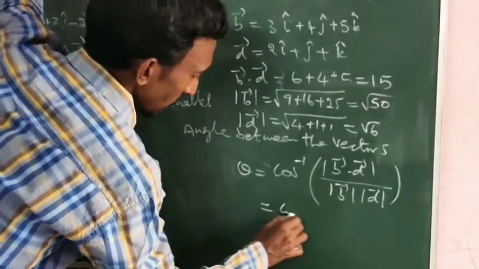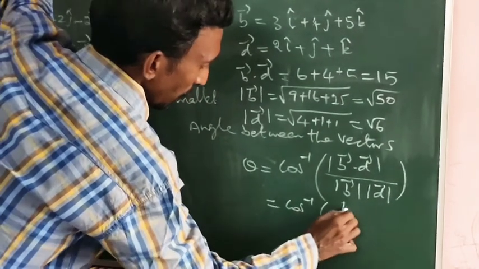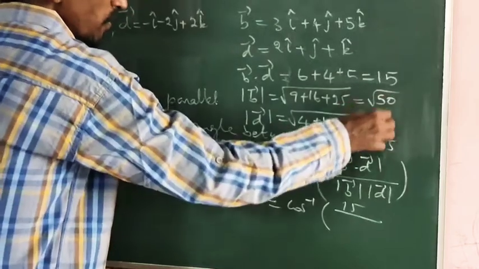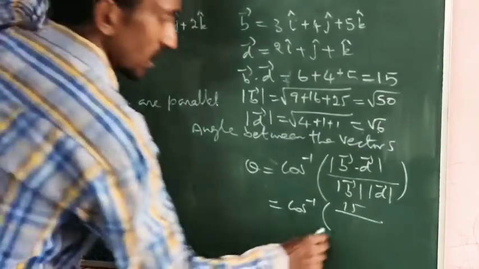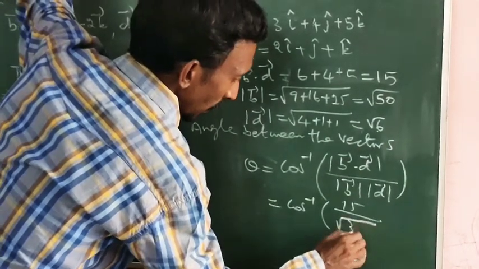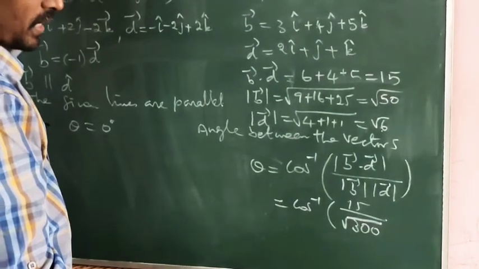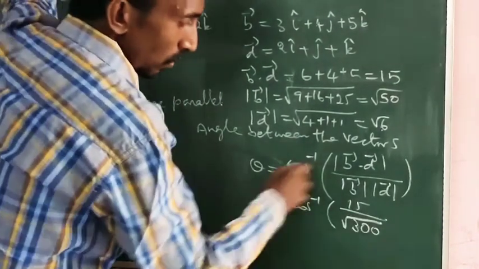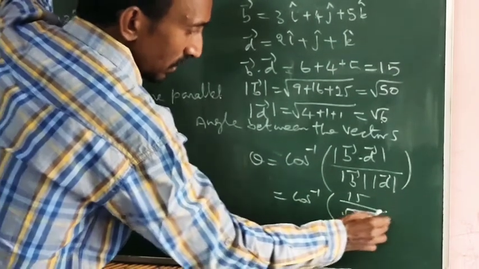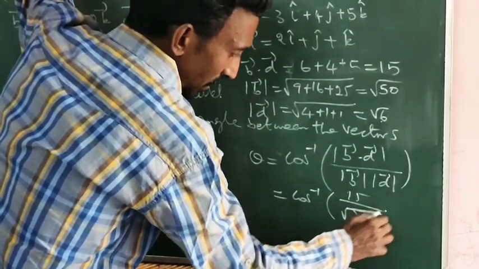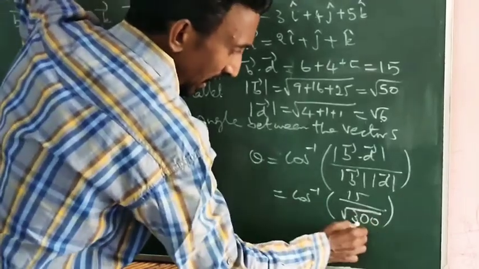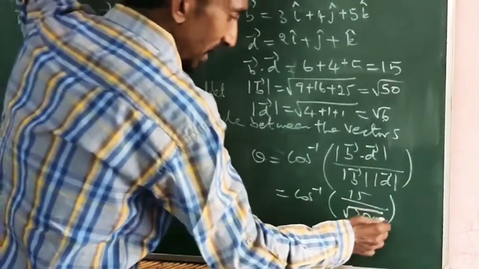So use it here. Cos inverse of 15 by root 50 into root 6, root 300. What is the value of root 300? 300 can be written as 100 into 3, so root of 300 is 10 root 3.